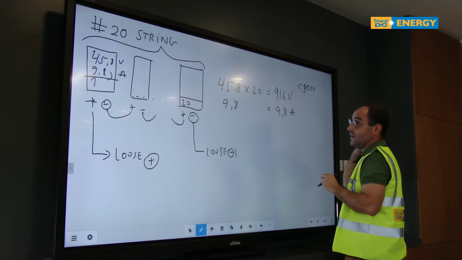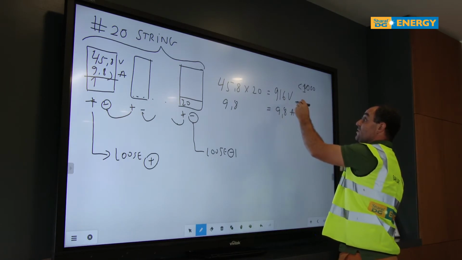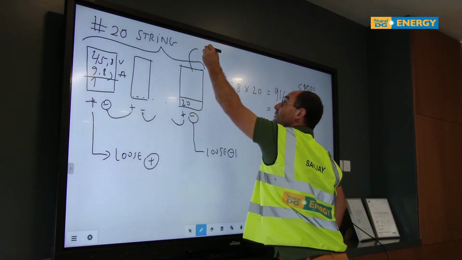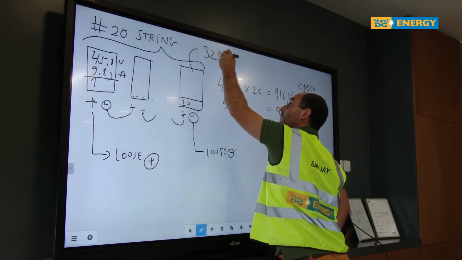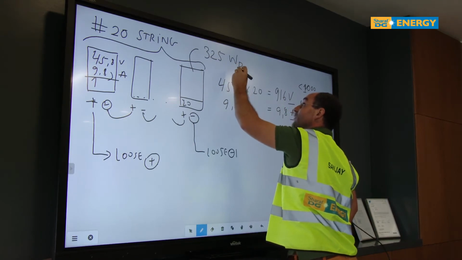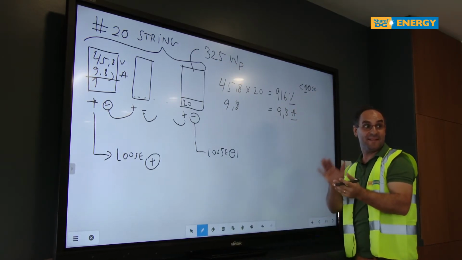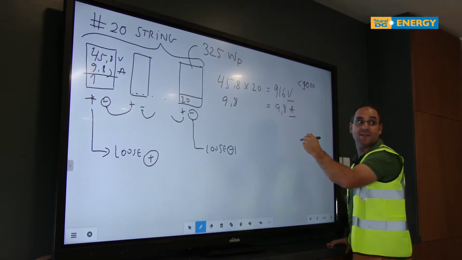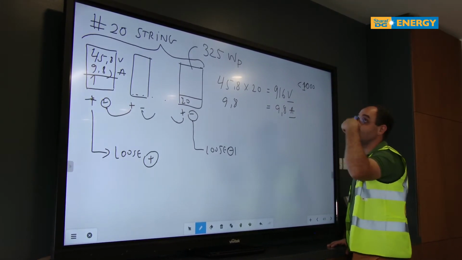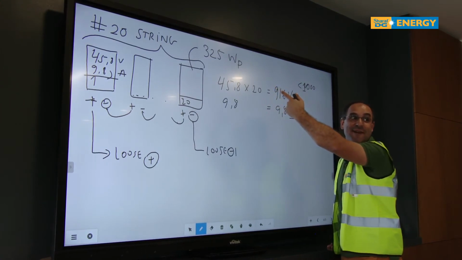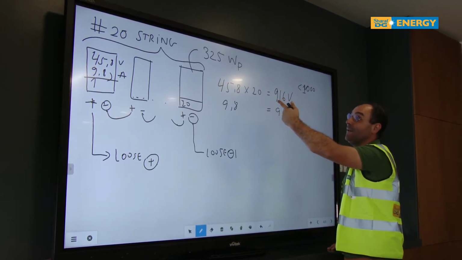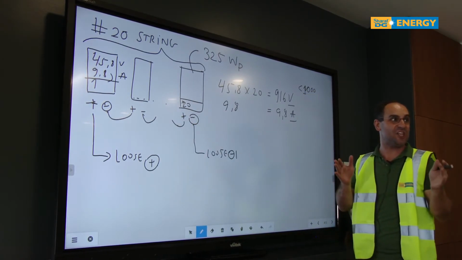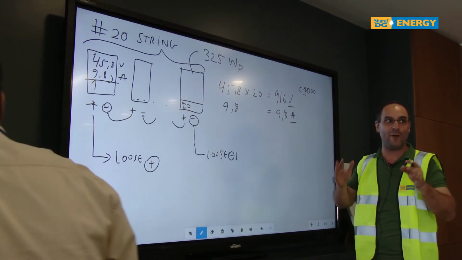This is voltage, this is amps, and we know that each panel has a certain watt peak. If I multiply this by this, I should be able to get somewhere close to that. That's mathematics, correct? And then if I multiply by the number of panels, I know that each string will have a certain amount of power.